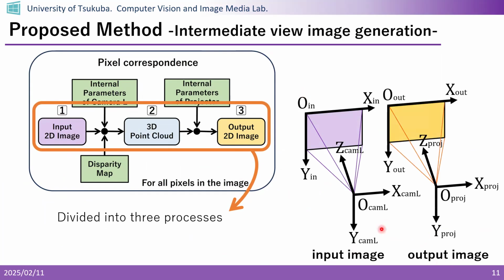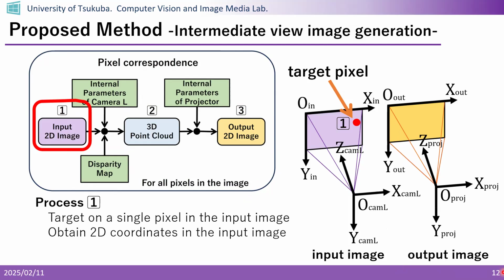The purple rectangle represents the input image captured by camera L, and the orange rectangle represents the output image observed from the projector optical center. Process 1, we choose the target pixel in the input image and obtain its 2D coordinates. The target pixel is represented by a red dot.